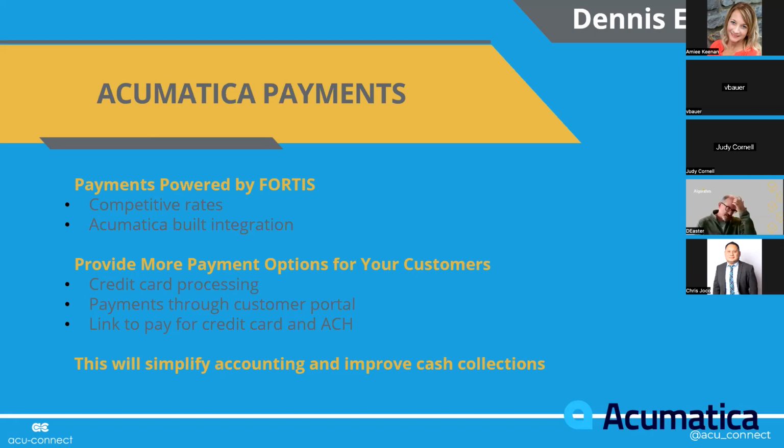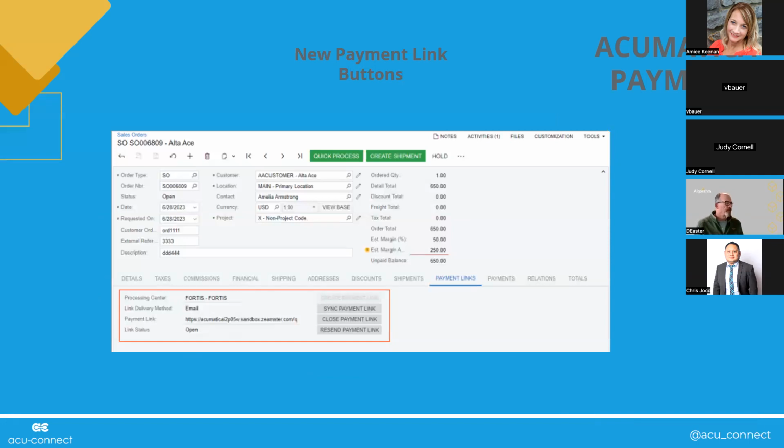We're going to take a look at the rest of the demonstration. So they've made some changes to the sales orders and the invoice screens. And you'll see down here in the red box, we've got some additional buttons around managing the payment links.